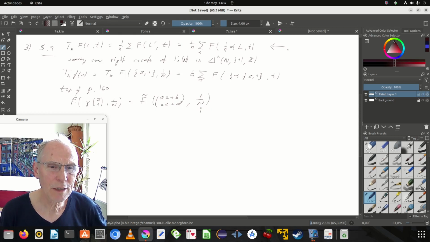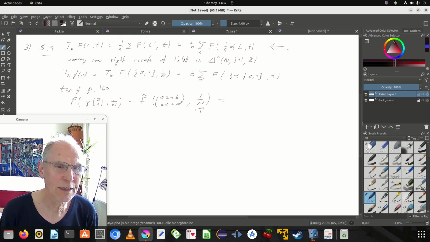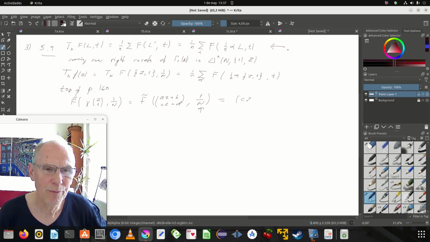And then this must still have order n in this lattice. So we can take cz divided by plus d outside the parenthesis. Guess that's to the kth.